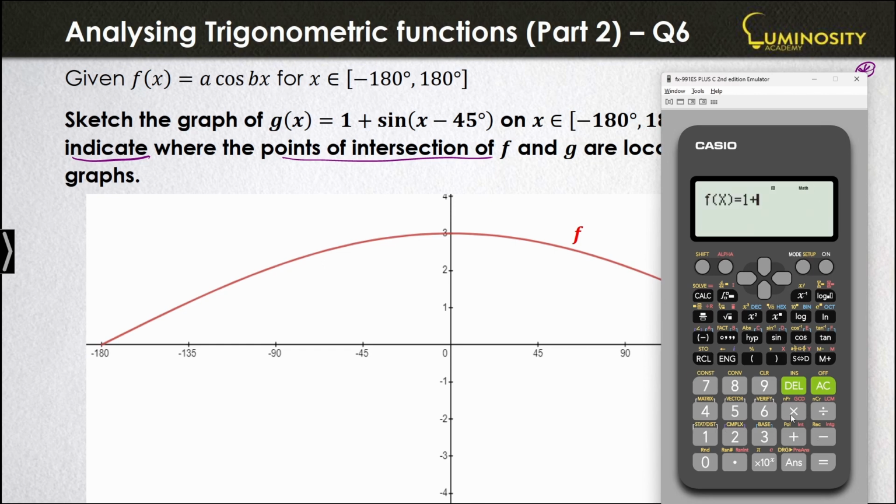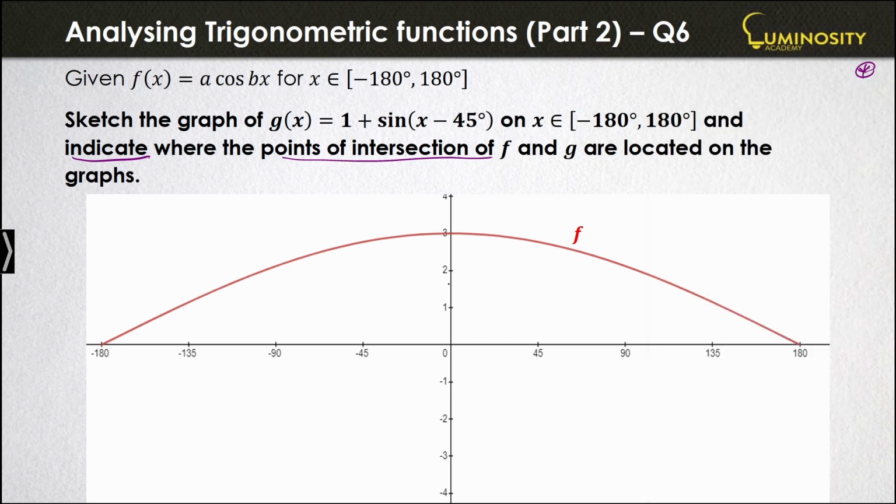So 1 plus sine of x minus 45 degrees. Okay, and you're starting from -180. We're going to 180, and the steps here were given in 45 degrees. Okay, so -180 degrees gives us 1.7071. So that's somewhere up here.